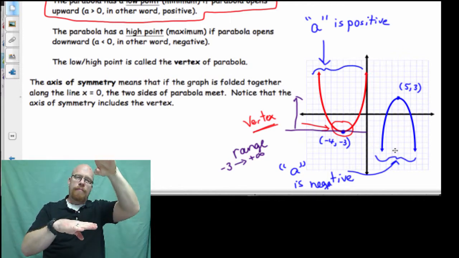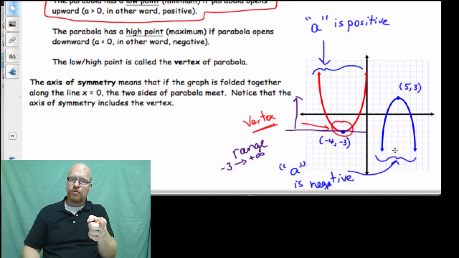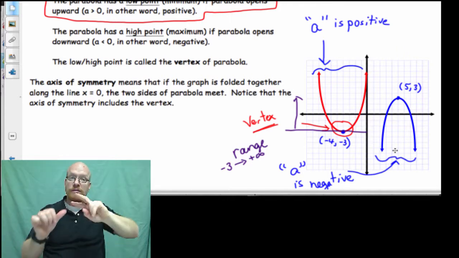Okay, so -3 all the way up to positive infinity. That's our range for the red graph here, the red parabola.